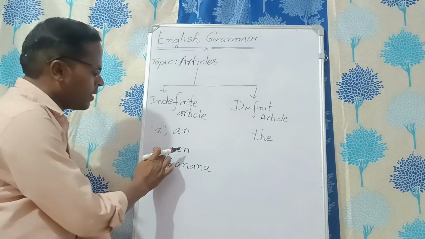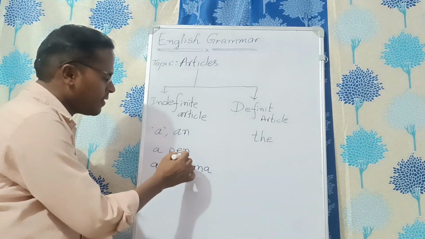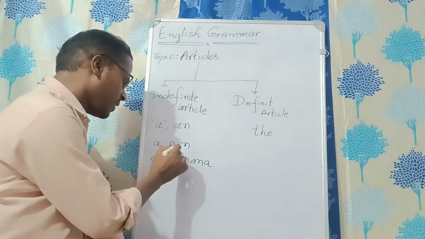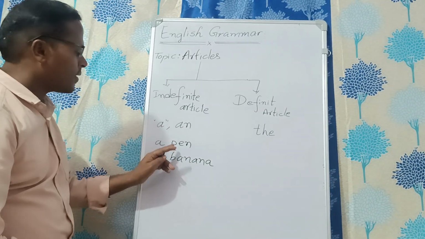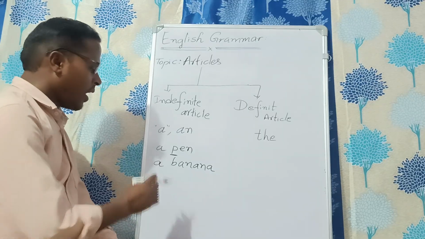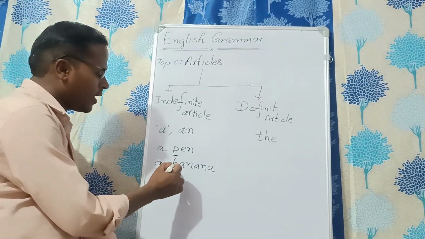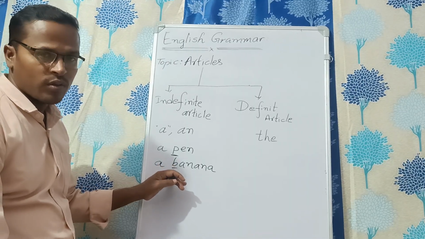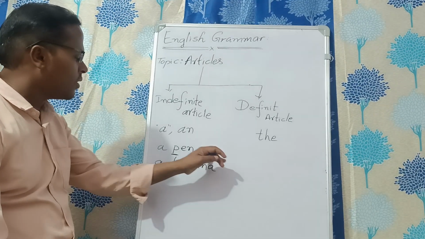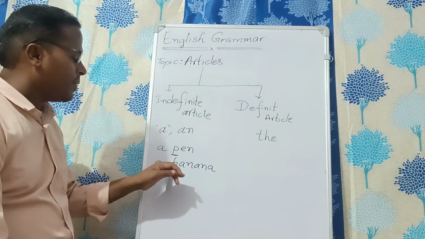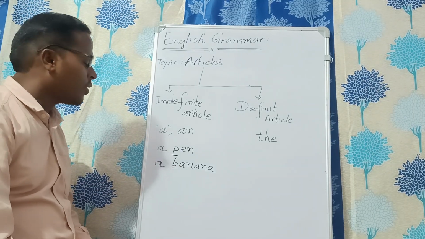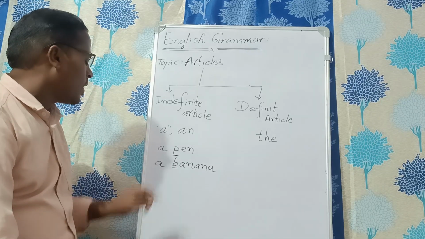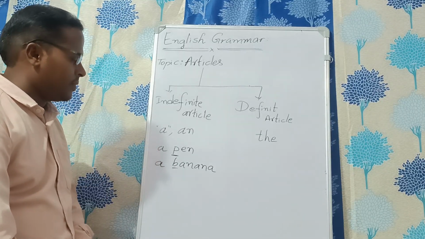Here, pen is a common noun beginning with the letter P, which is a consonant sound. Next, banana begins with B, a consonant sound. That's why we have to use the article "a".